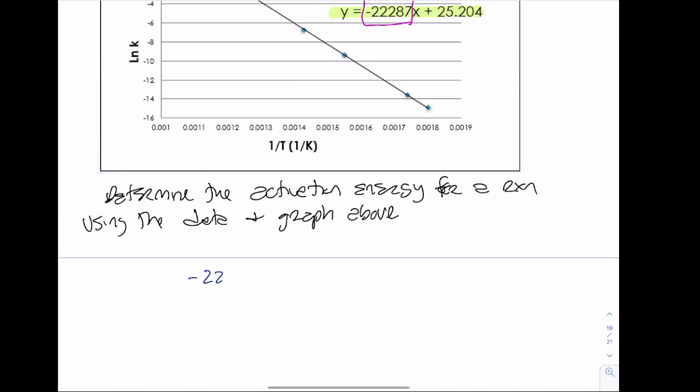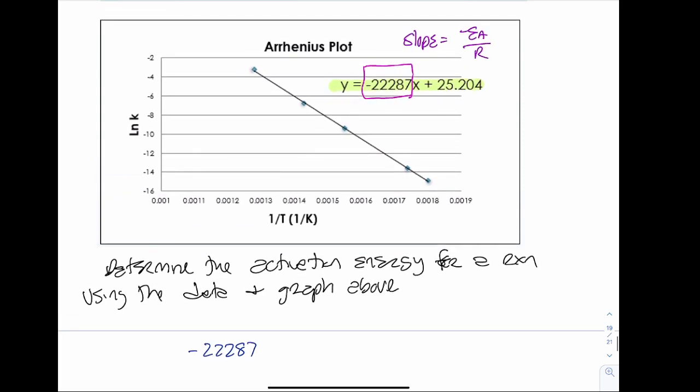22287. So units: to calculate the slope, it's rise over run. I would take the units of my y-axis over the units on my x-axis, and that's going to give me the units of my slope. Log values don't have units, so I have no units on my y-axis. My x-axis is 1 over temperature.